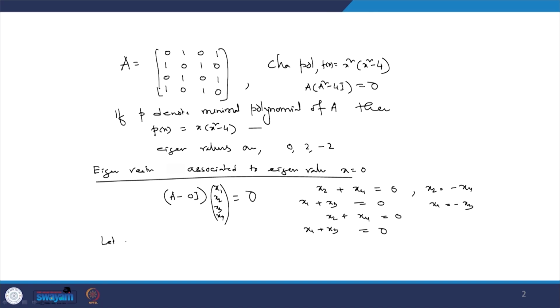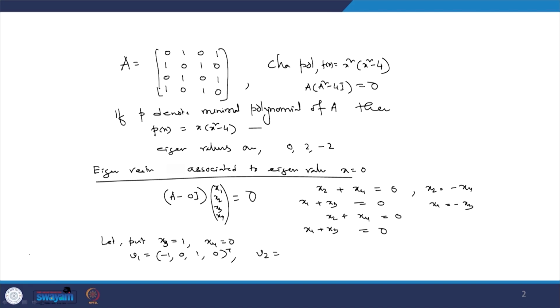Let us put x3 equal to 1 and x4 equal to 0. Then I will have V1, one eigenvector, equal to: x1 will be minus 1, x2 will be 0, x3 is 1 and x4 equal to 0, transposed.